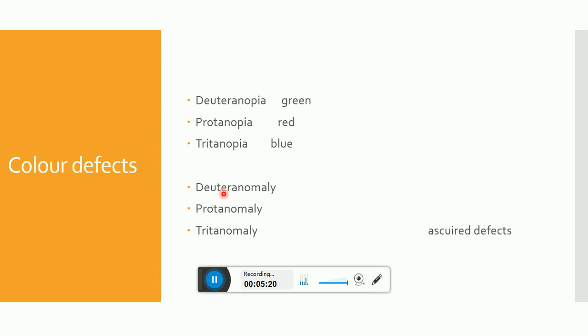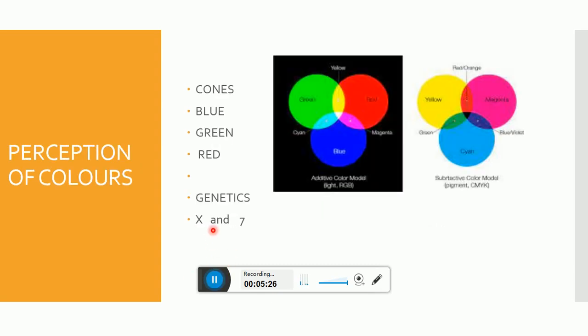The X chromosome carries genes encoding for red and green pigment, whereas chromosome 7 carries the blue pigment gene.